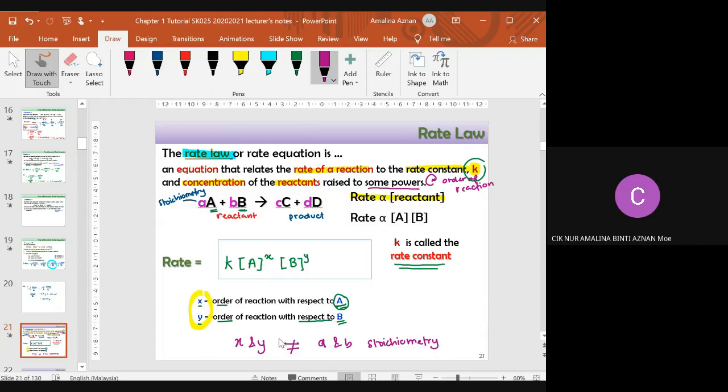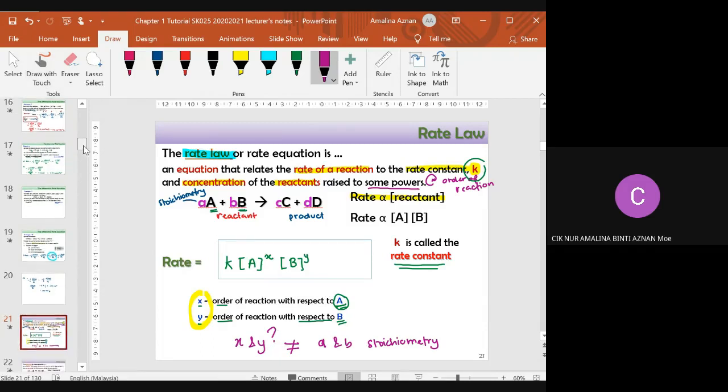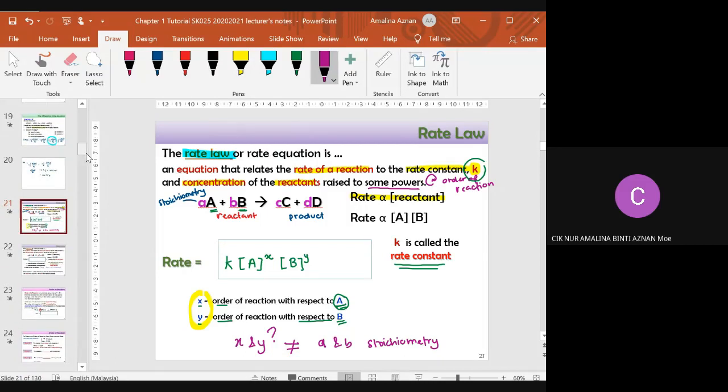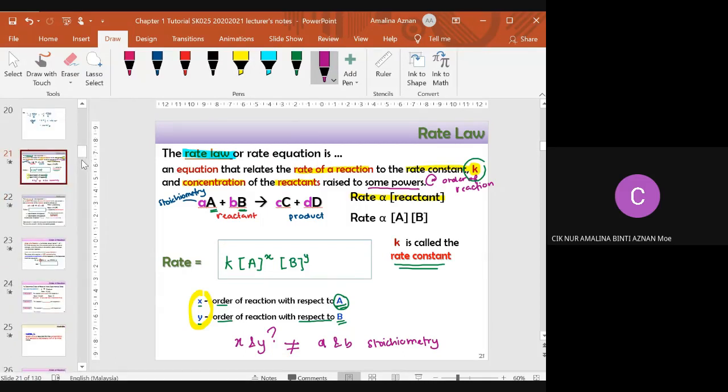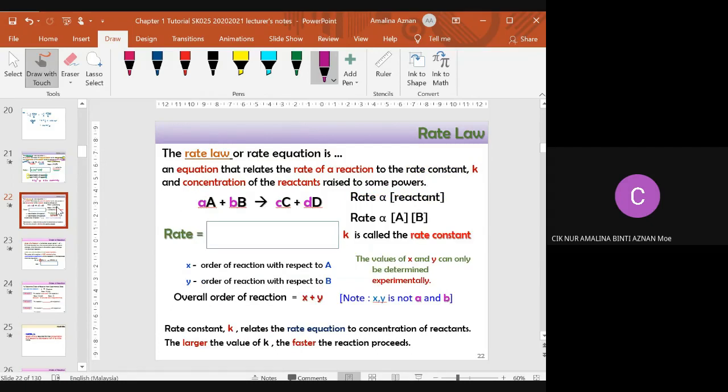So how do we get the values of x and y from experimental data? From the experiment, we will have data, and from there we can calculate the order of the reaction or the order of the species.